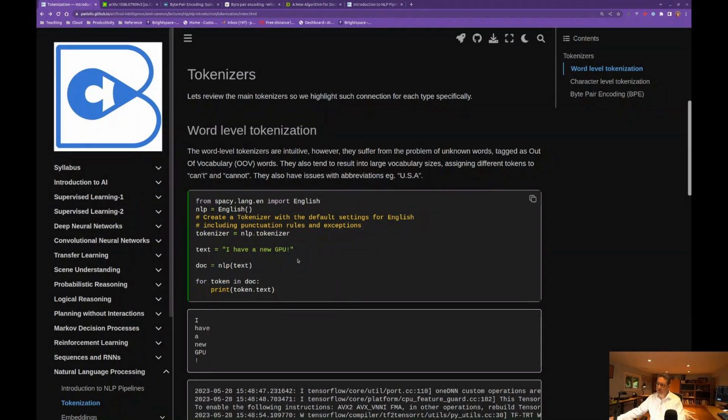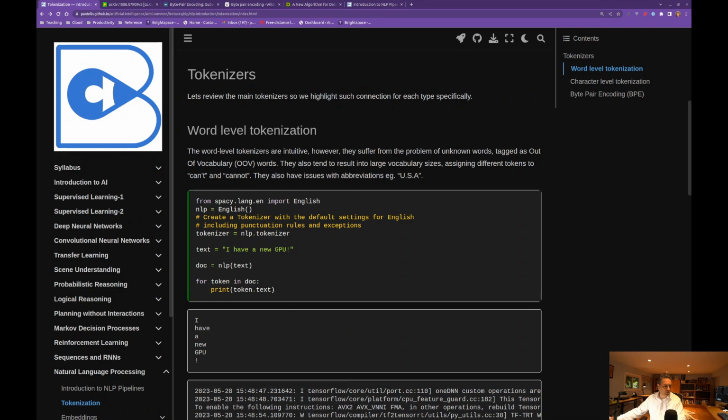That's obviously suboptimal, because you want all of the words to have some form of meaning later. If we have too many unknown words, then all of these words will have exactly the same unknown meaning. That is the disadvantage of word level tokenization.